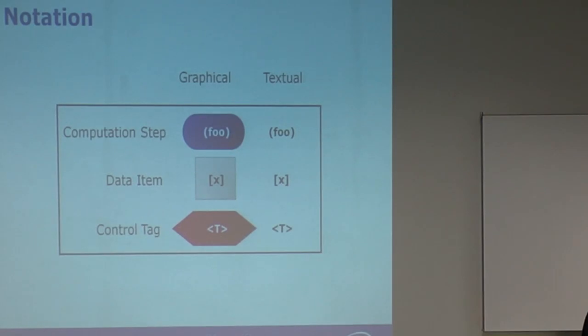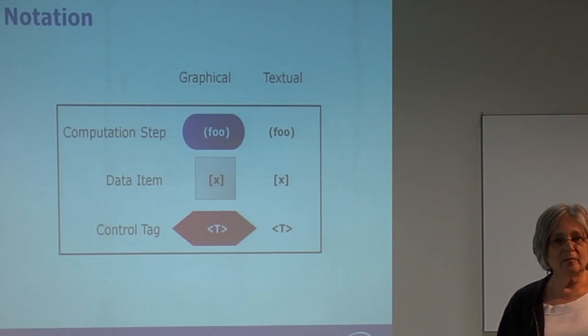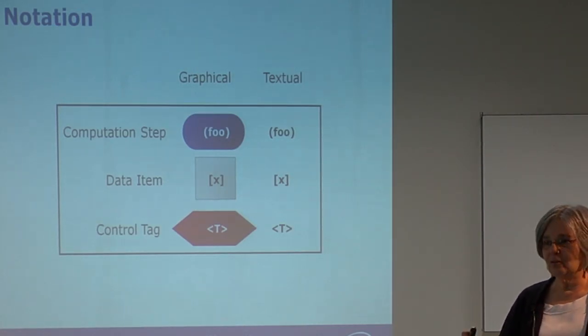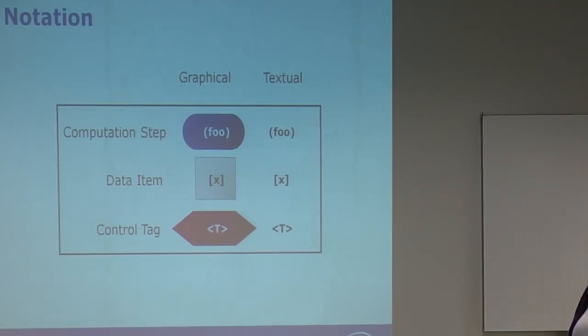Okay, so we have some notation. There's a graphical notation which looks kind of like boxes and circles and arrows. So when you go to the board and describe your application to your colleague, you're probably drawing boxes and circles, and you draw arrows between them, and these are the things that you're discussing. So foo is a computation. We call it a step, a computation step.